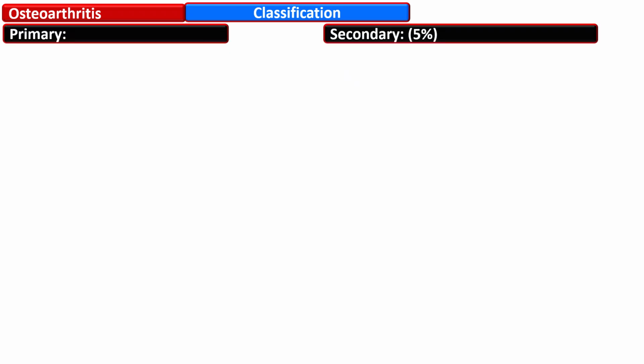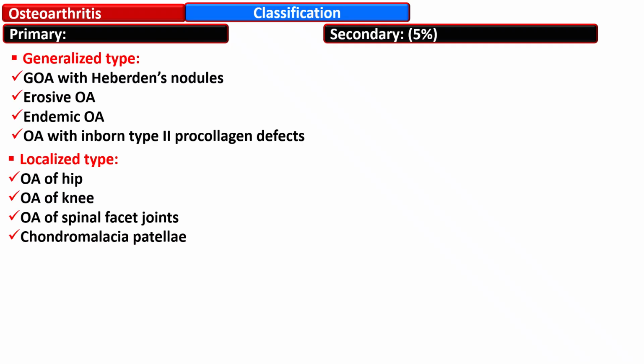Then the classification of osteoarthritis: you can divide it into primary and secondary type. The primary type of osteoarthritis is due to destruction of the joint, which results from an intrinsic defect in the articular cartilage itself, and it can be of generalized type and localized type.